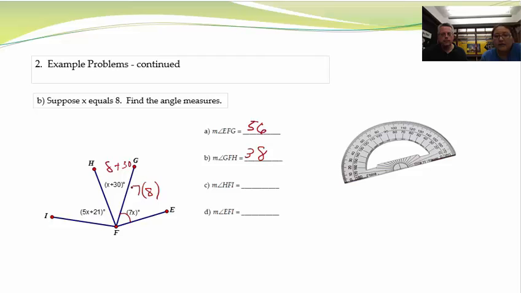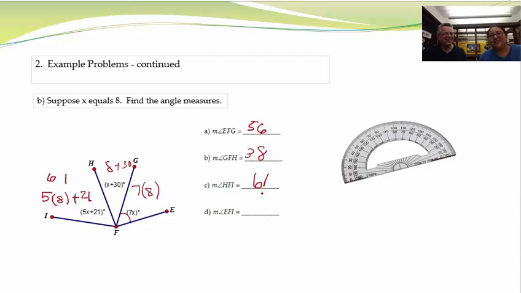Then HFI. HFI would be 5 times 8, since 8 is x, multiply that and add 21. I think you get 61. 61. And then we have EFI.